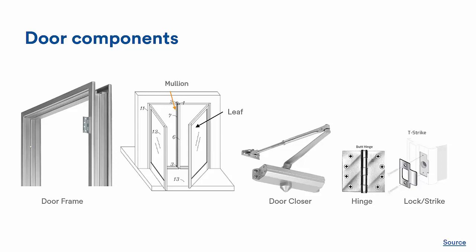The frame is a doorway in which a door is fitted, including the sides and top of a doorway, and is usually supporting a door. The leaf is the rigid panel that fills the doorway. There are many variations on the basic design, such as a double leaf door that we can see on the screen.